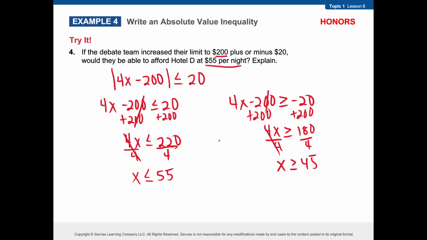So yes, if they increase their price to 200, they would be able to afford Hotel D at 55 because it's less than or equal to 55.